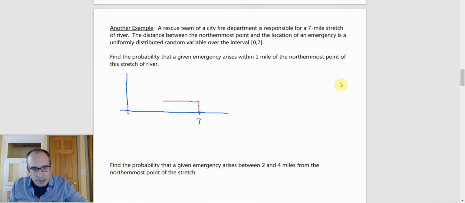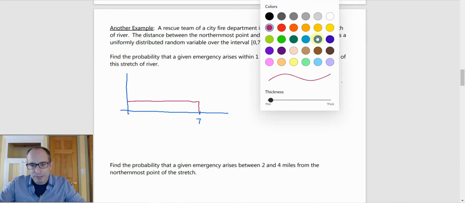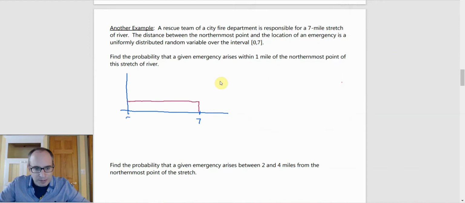But we're still going to get that rectangle shape. I made this too big. I can't do it all in one stroke. Barely got there. And then if I switch back to blue, right here is 0. And then we have to figure out the height. But still, the area has to be 1.